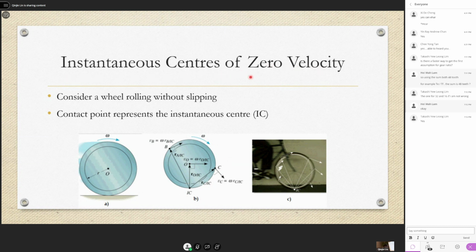As the term suggests, this point will have no velocity, that point will not move. And for rolling motion, it will be the point of contact without slipping, so the point of contact should have zero velocity. It's not moving at all.